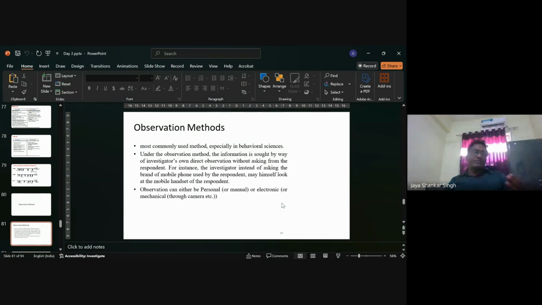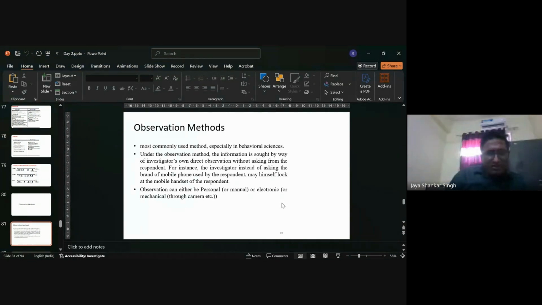There was some interaction between the respondent and the researcher. Here, you do not solicit information. You will just observe them and do investigative research.